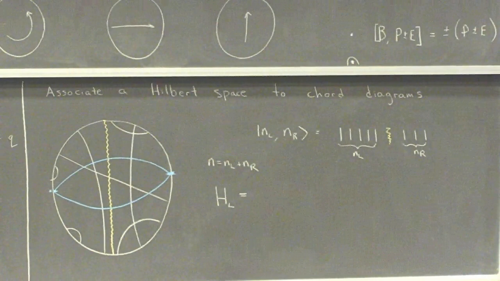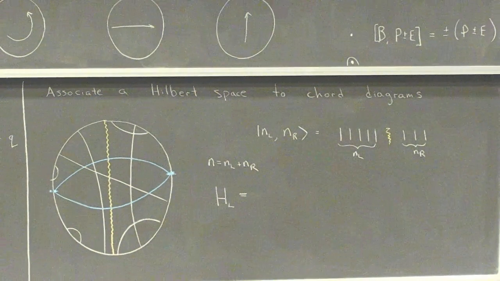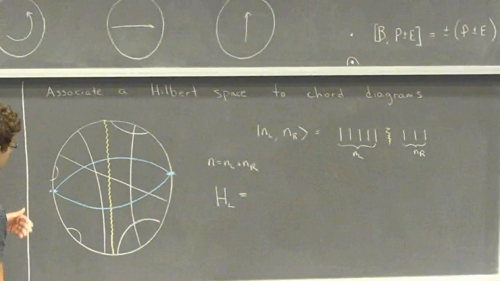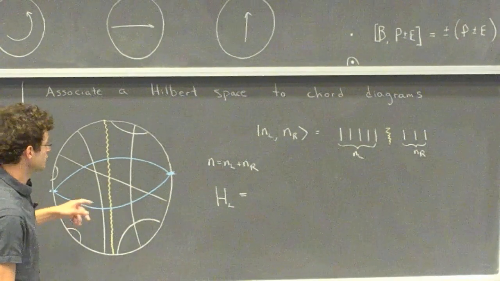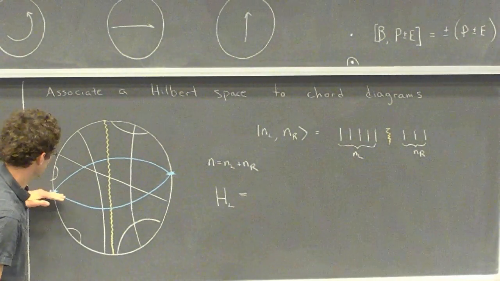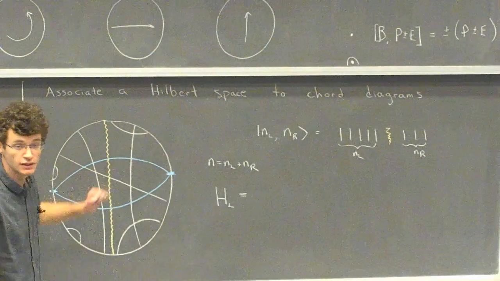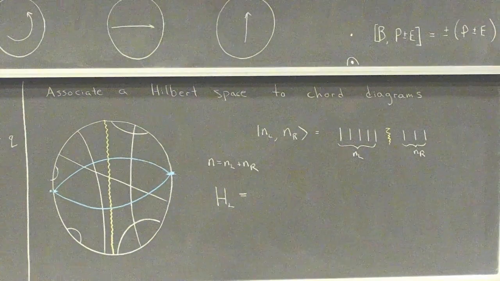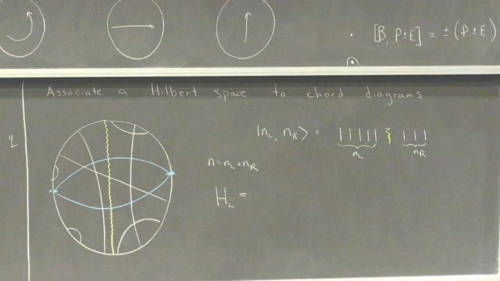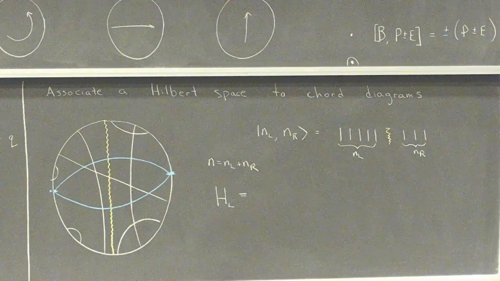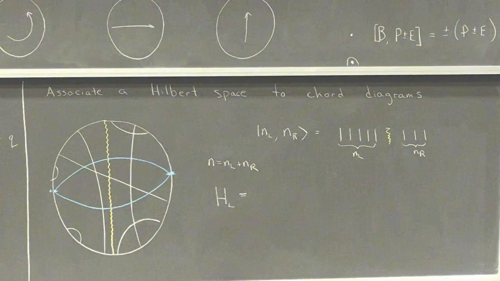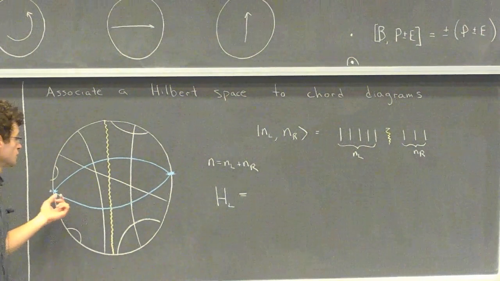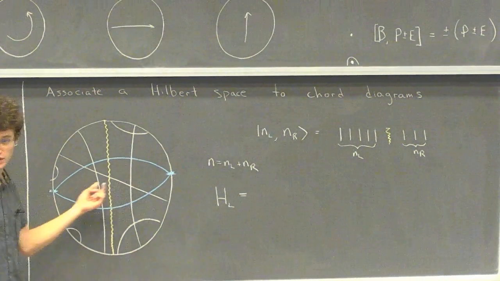We would get some factor q to the delta times n for some matter line crossing from the left to the right. And that would give a contribution to the 2-point function that's like q to the delta times n. And we should compare that to like e to the minus delta times the length for a 2-point function. So we see that n is linearly proportional to the length between the two sides.